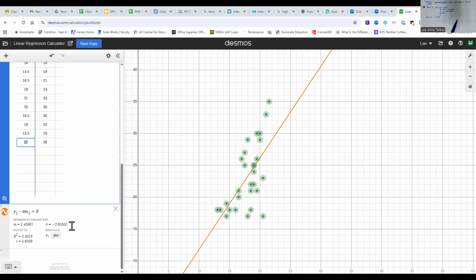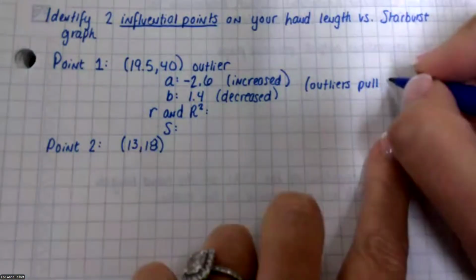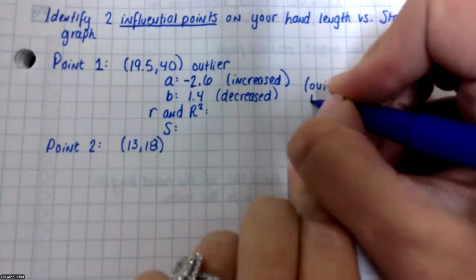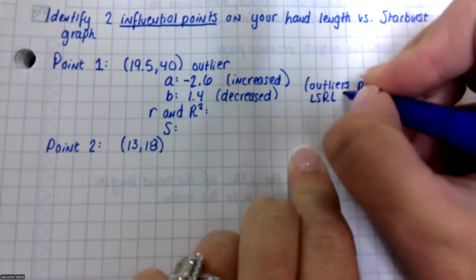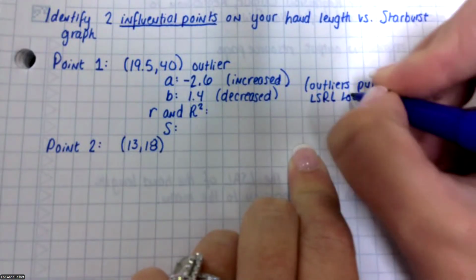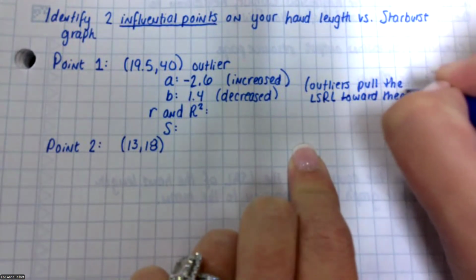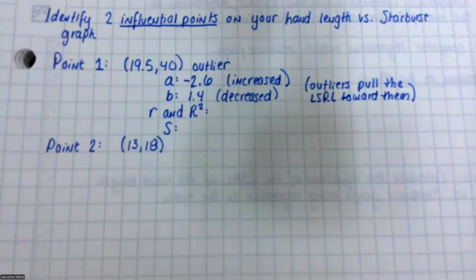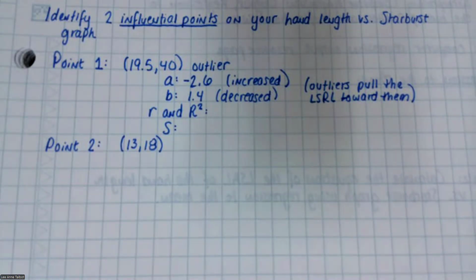Okay, and I want you to put a note here. Outliers pull the least squares regression line toward them. So since it was a high outlier, that side of the line was pulled high.